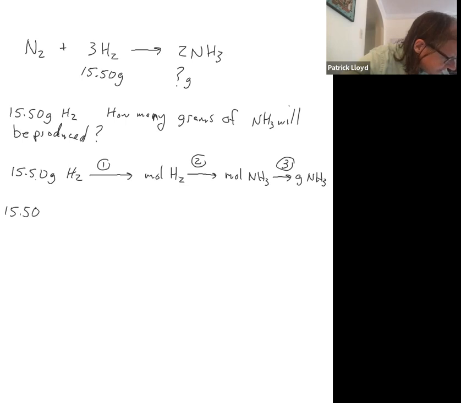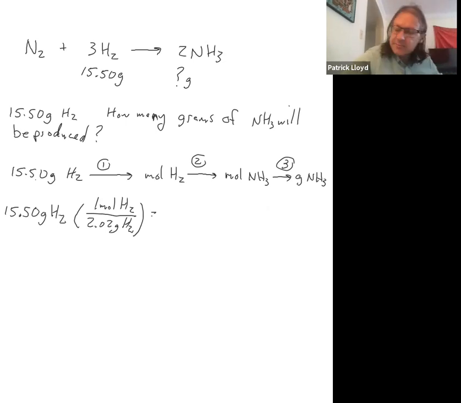15.50 grams of hydrogen. Okay, that's given 4 significant digits. The molar mass of H2, we just did that. It's 2.02, right? But now we're going from grams to moles, so we divide by the molar mass. So 1 mole of H2 is 2.02 grams of H2. Okay, so there's our first step.